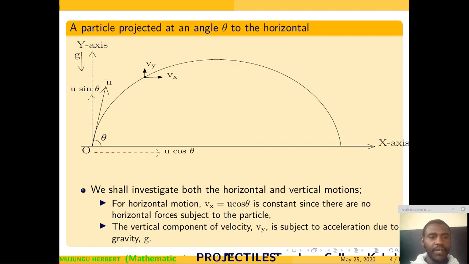So we shall look at the motion of this projectile in two directions, the vertical and the horizontal. We shall assume that the initial horizontal component of velocity is u cos theta. If we resolve vertically, the initial component of velocity, or speed, is u sin theta.